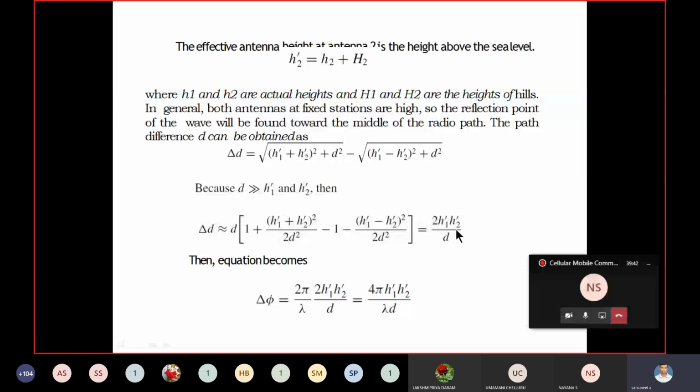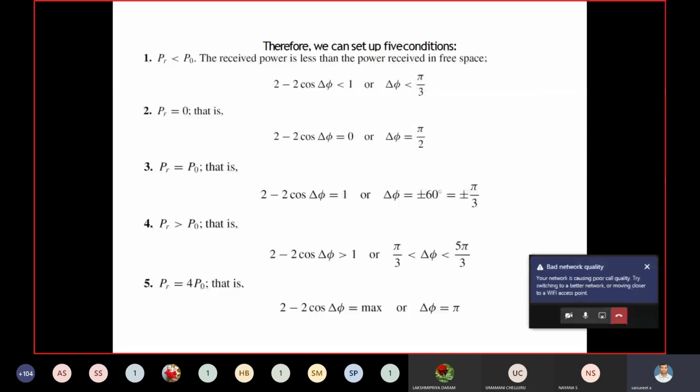The first condition is PR less than P naught, which means transmitted power is more and received power is less, nothing but attenuation. At that time, 2 minus 2 cos delta phi is less than 1, and delta phi is less than pi by 3.